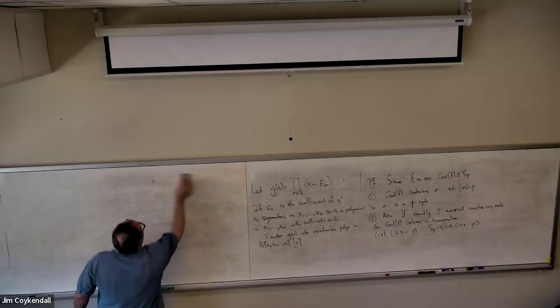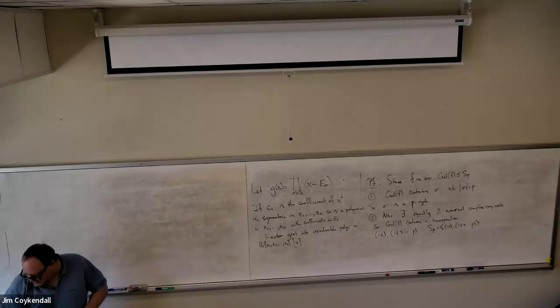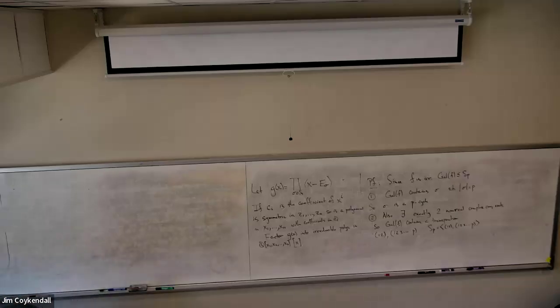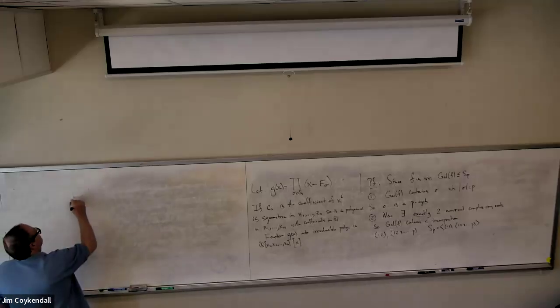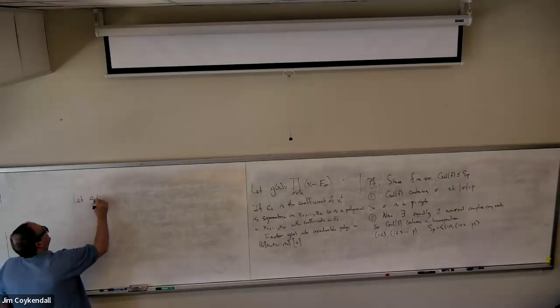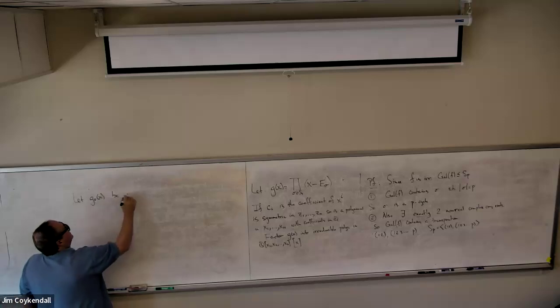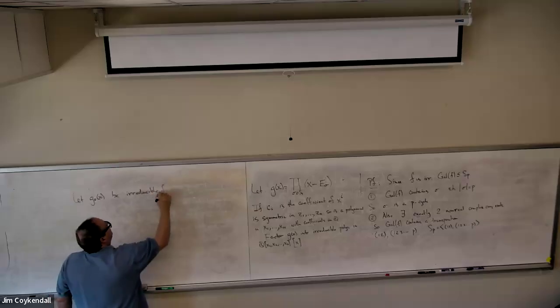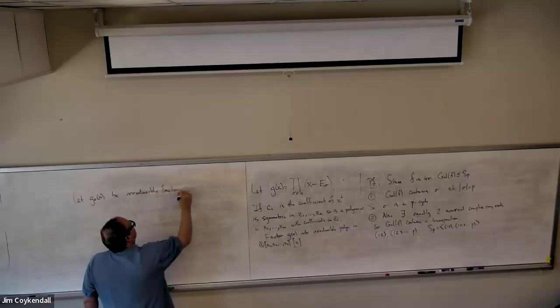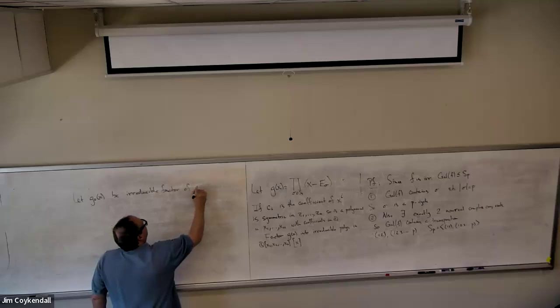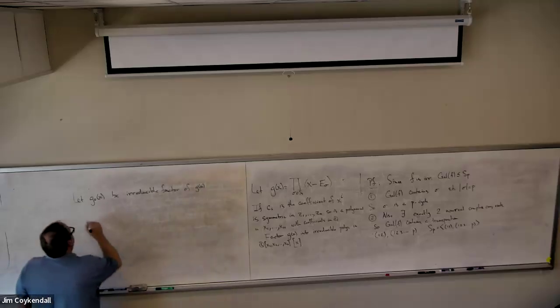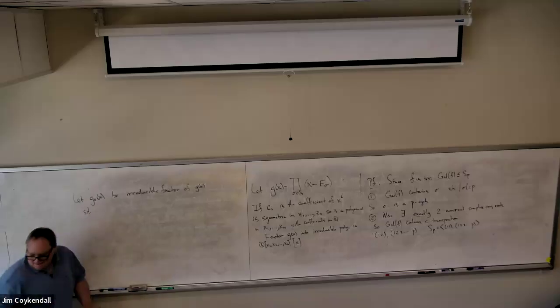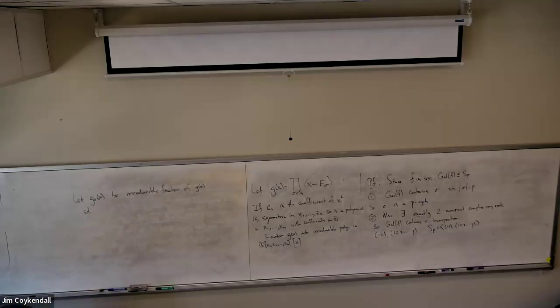And I'm going to pick one. Namely, what I'm going to do is I'm going to let g0 be the irreducible factor of g of x such that e sub I is a root.